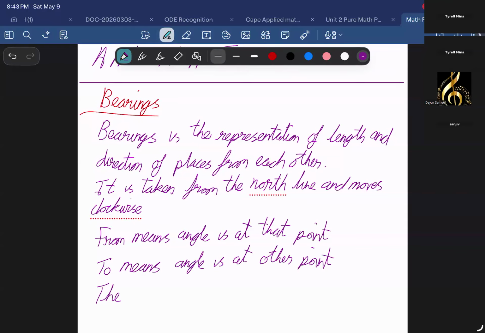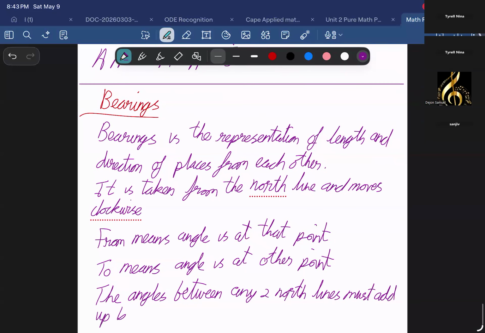The angles between any two north lines must add up to 180 degrees.